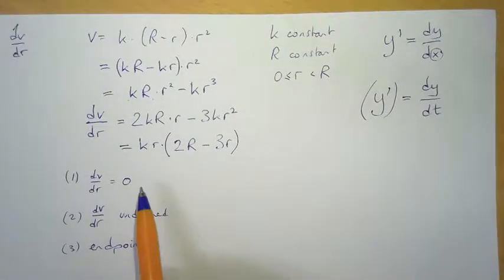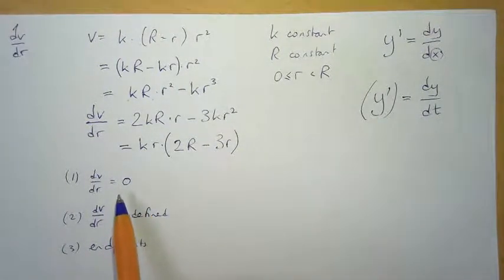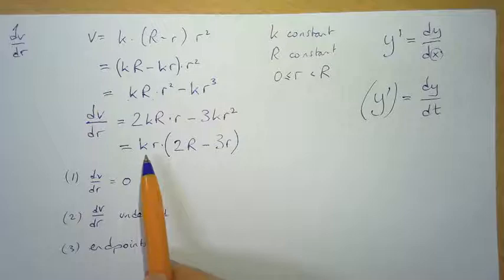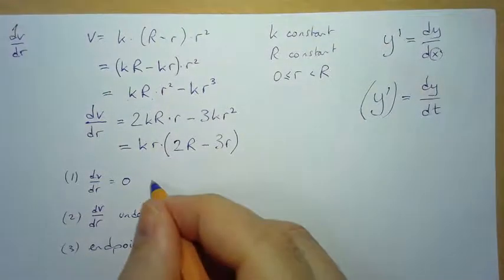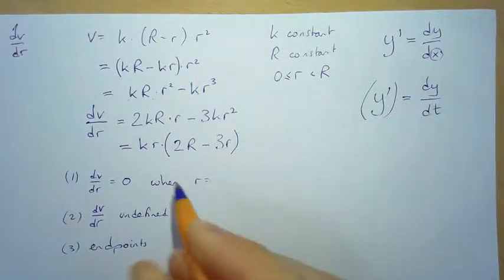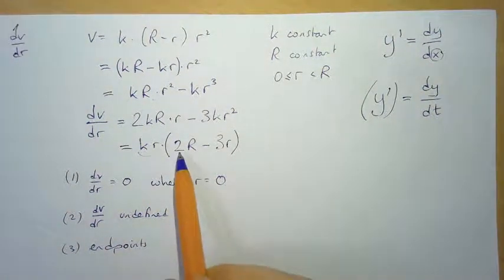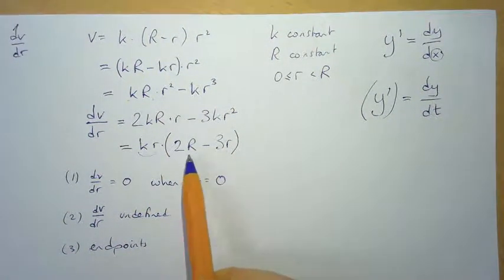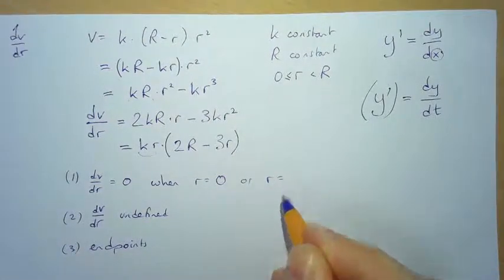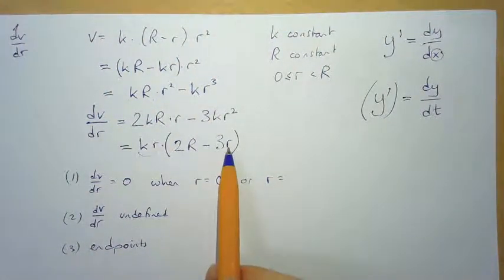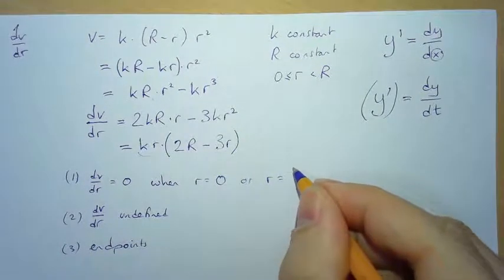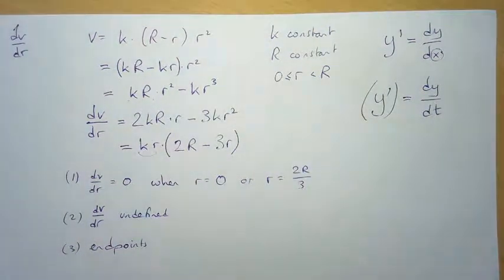So group number 1, dv/dr equals 0. When is this equal to 0? When either this is 0, so r equals 0, or this is 0 here, which means r equals, so I need small r to be 2 capital R over 3.